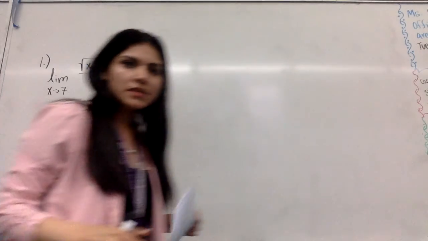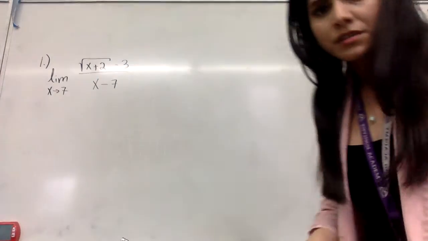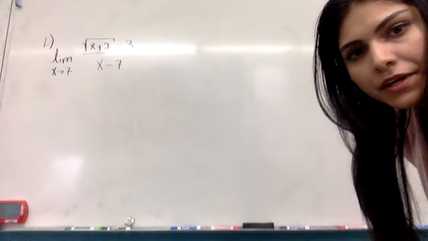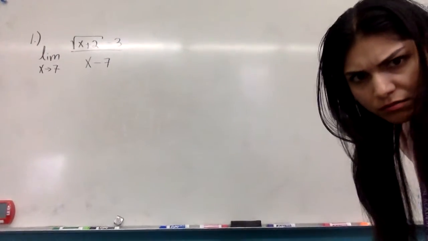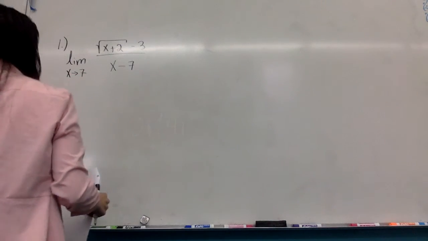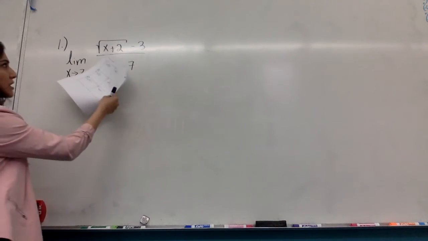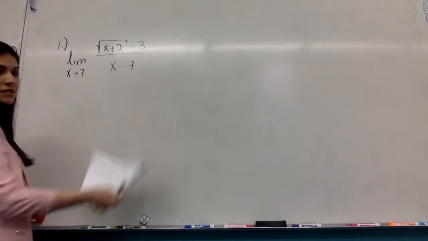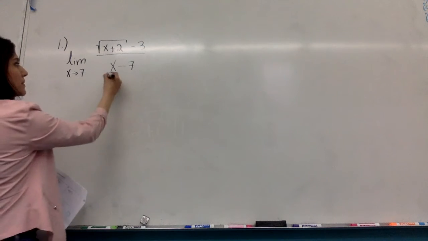I realize that I can't take this limit, and I want to make sure there's no glare. It's the problem that's written on your paper, but I cannot take this limit because when I plug in 7 for x, the top doesn't give me a problem. I have a problem here.